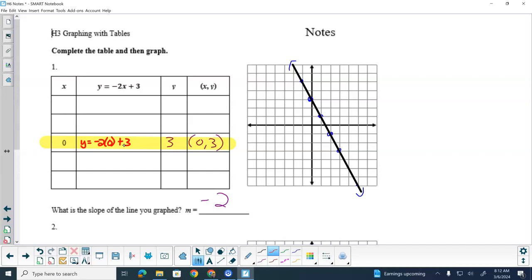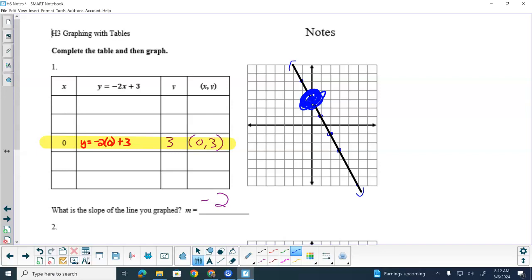Here, use your finger and circle it. That one right there. Everybody agree that one right there is the 0 one that we just did? It really is up 3.